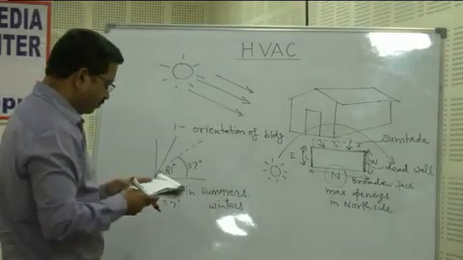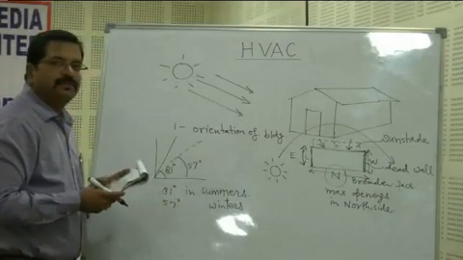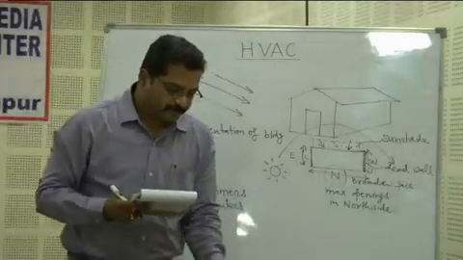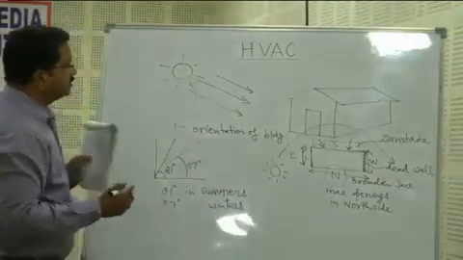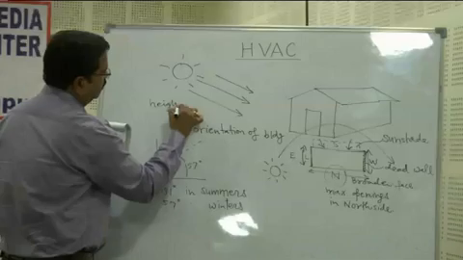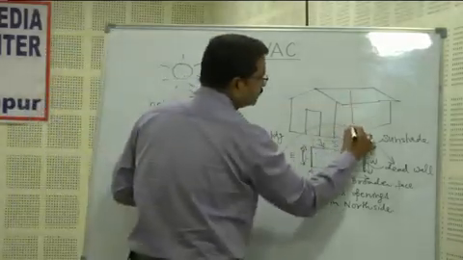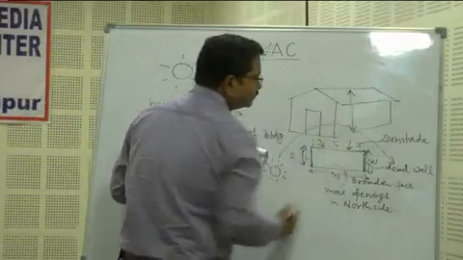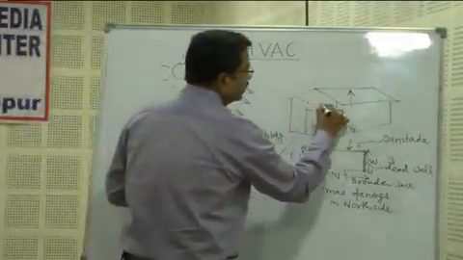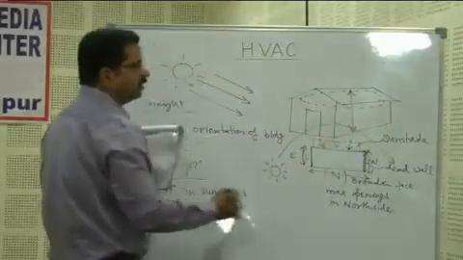The next way we can have a better interior of the building is height. If we are having higher height inside the building, we will have much more space to accommodate hot air above the living area.